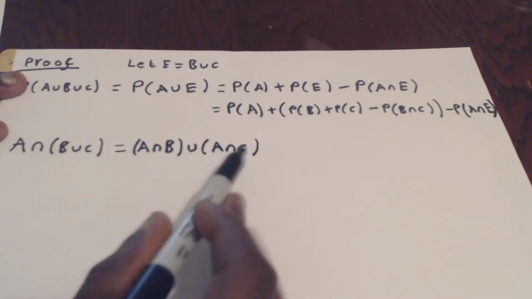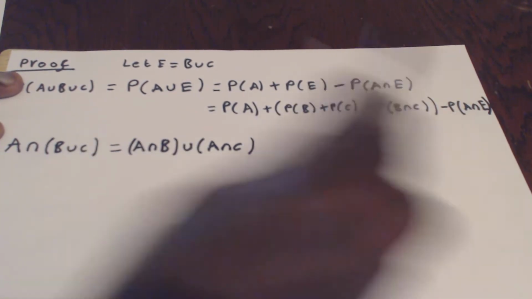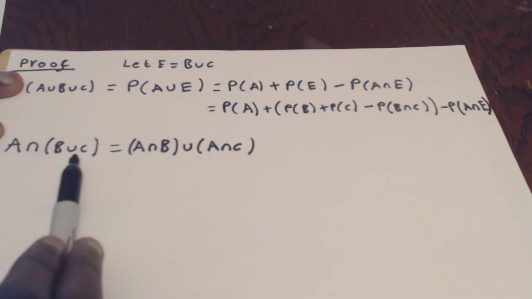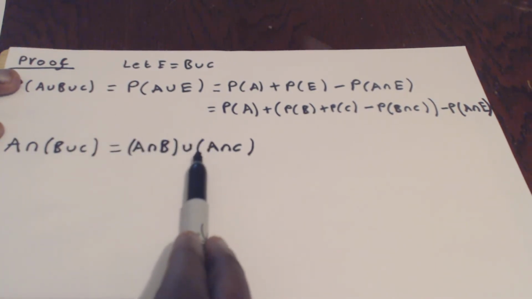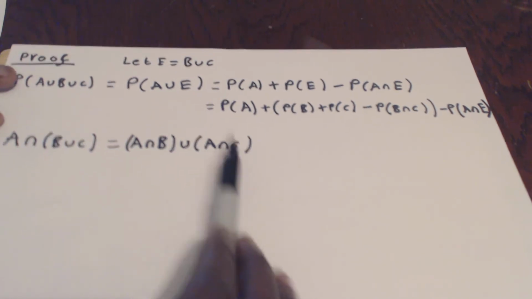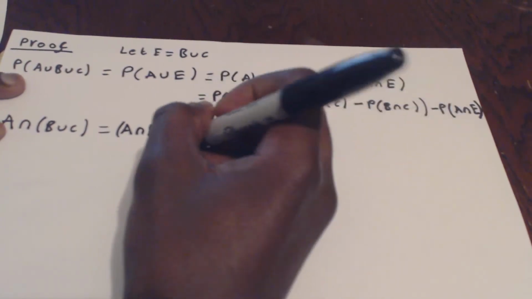So now that we know this, and obviously this is our E here, we can write A and E as A intersection B union C, which we can write as A intersection B union A intersection C. Obviously all of this stays the same, so we'll just bring this down.